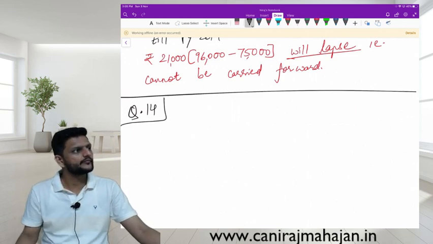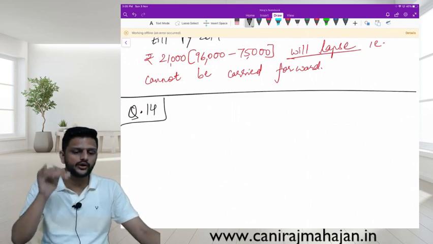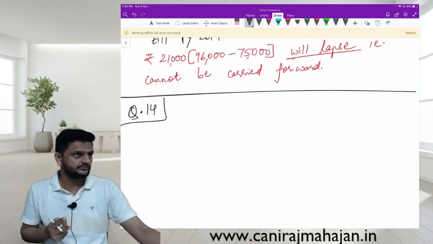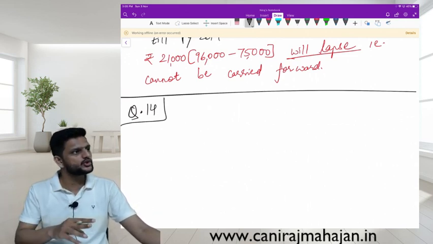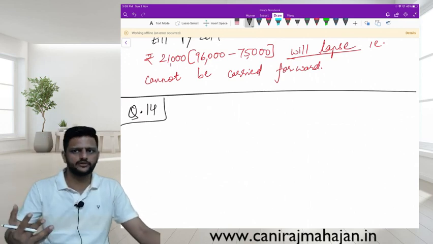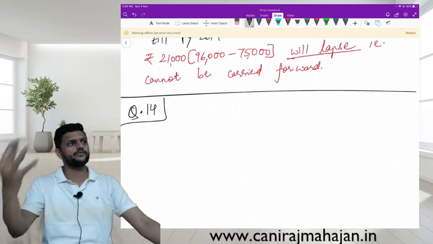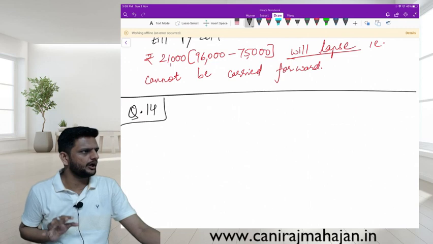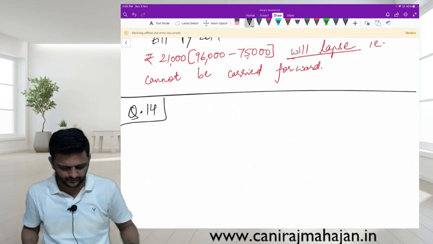So whatever they have given you, sugar business and agricultural income, they have bifurcated. Already given you two figures, so assume it is already calculated for you. Do not go further to apportion. Sugar business, if they have given you business, assume it is apportioned already, and agriculture is also apportioned. Understood here? Okay.